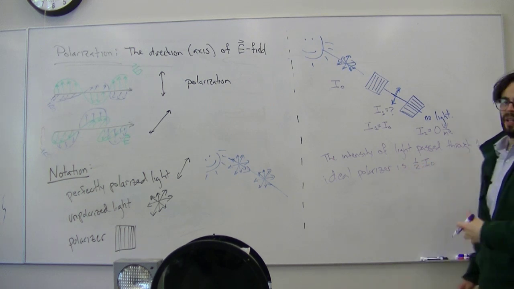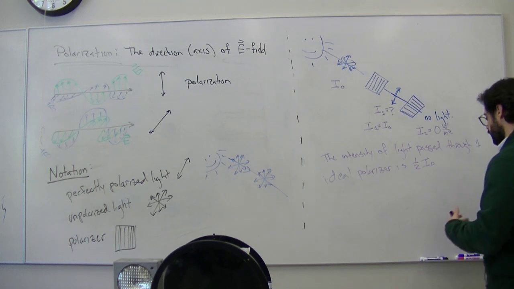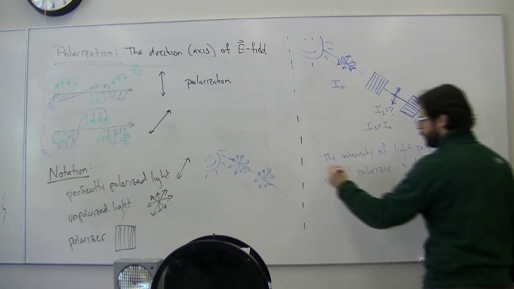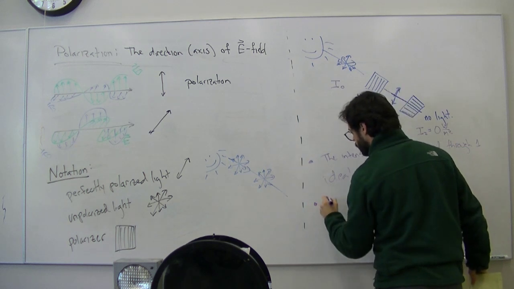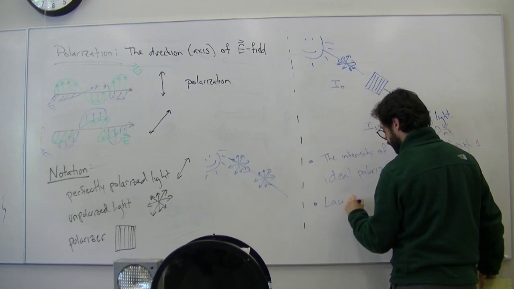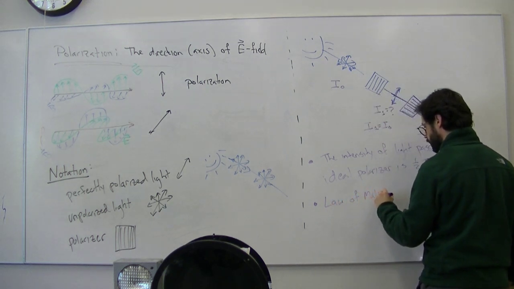So basically we killed everything in one direction. So now I have polarized light, and I can ask what the difference is if I pass it through a second polarizer. So a second polarizer is given by the so-called law of Malus.